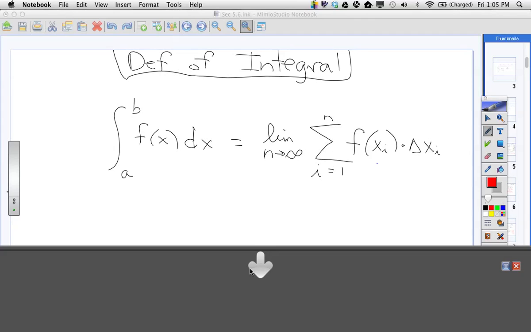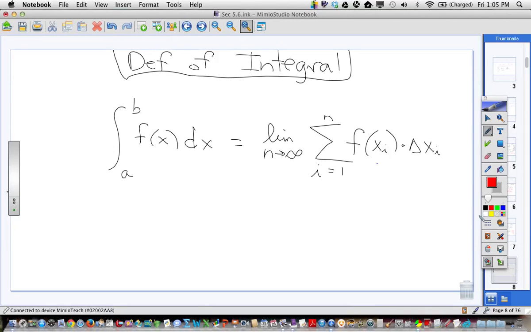Adds them up, and then the limit part means we have an infinite number of them. Matter of fact, if you had to describe, say on a quiz question, why this would be the area under the curve, I would just break it up into those parts.